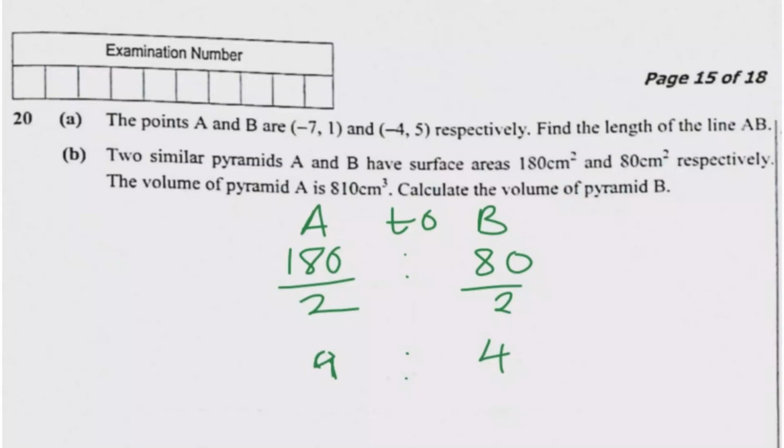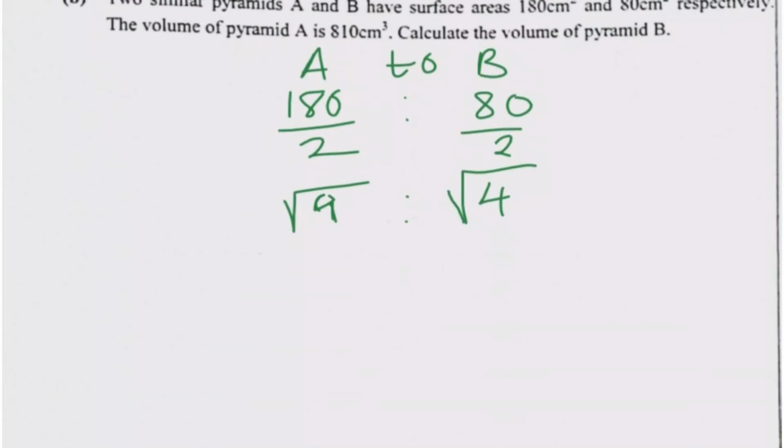Now because we are finding the area, to find the actual ratio we can find the square root of these numbers. The square root of 9 is 3, and the square root of 4 is 2. Remember, I'm dividing these numbers by 20, not 2, by 20.